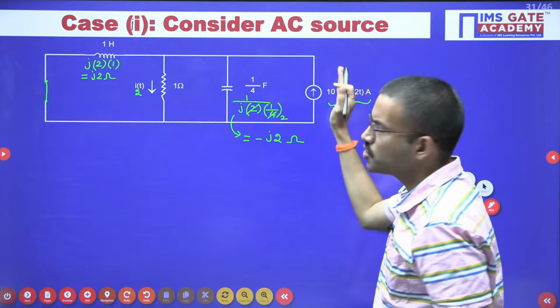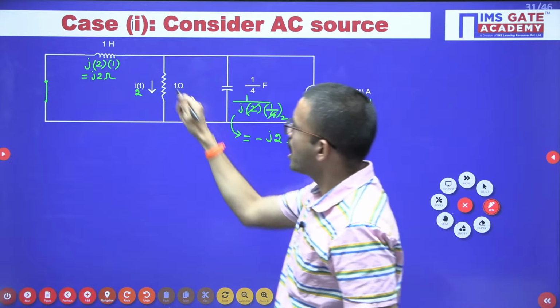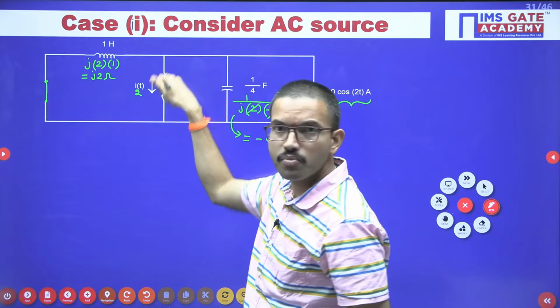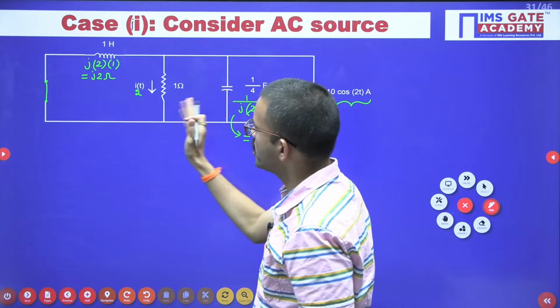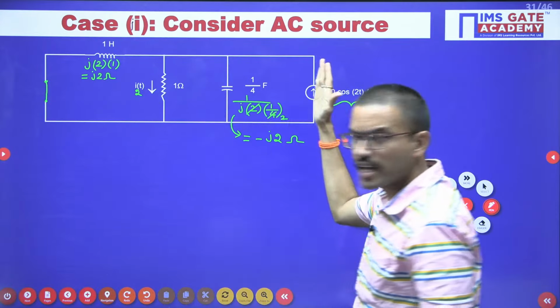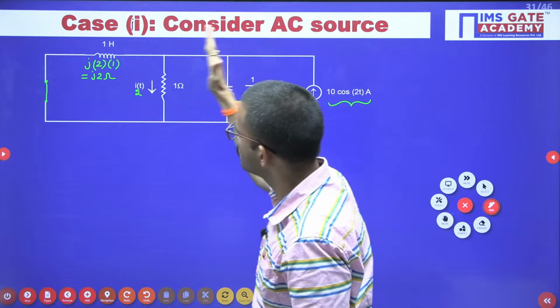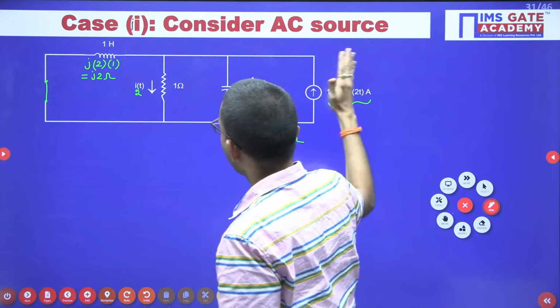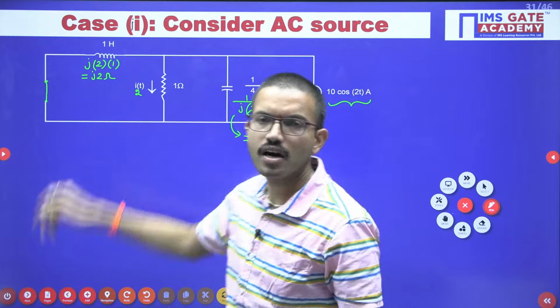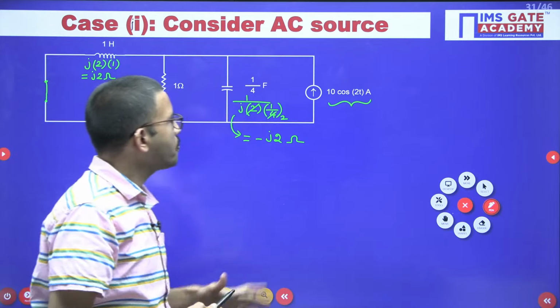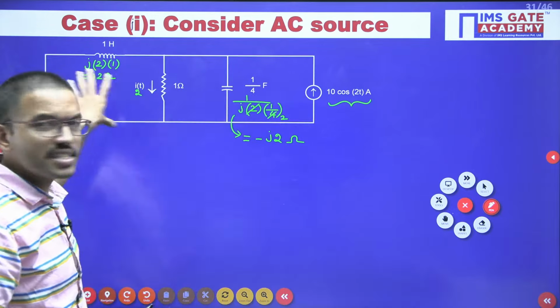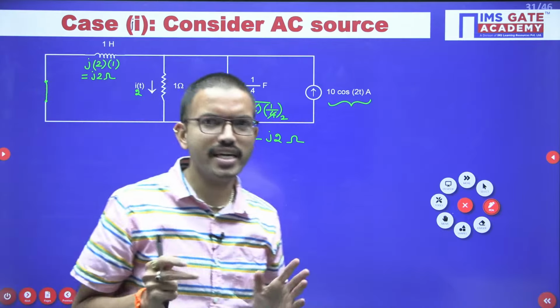Here you are having the current source, the AC source. We have to find the current flowing in this particular 1 ohm resistor. If you carefully observe, you are having current source, capacitor, resistor, inductor. All are connected in parallel only. Whenever elements are connected in parallel, obviously current will get divided.